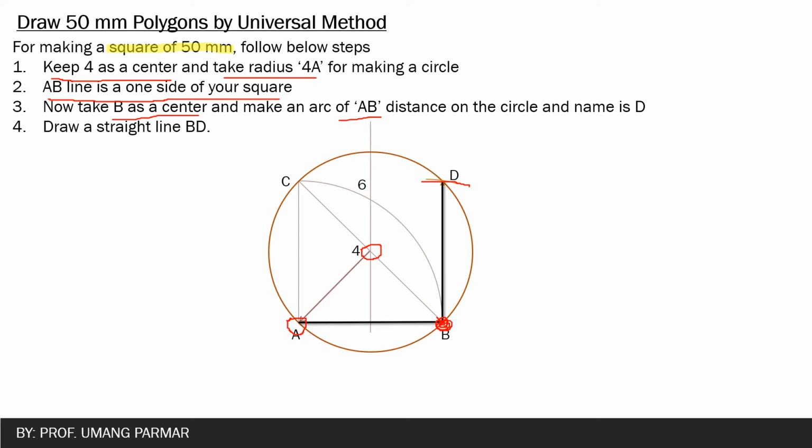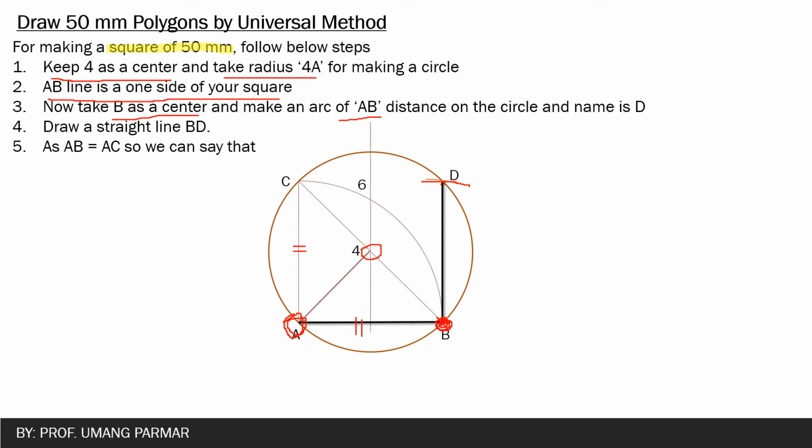So now you can see that we are almost done with our square, because our line AB from A to point number B has the same dimension as this dimension. In our initial method we understood this, so both sides are equal.